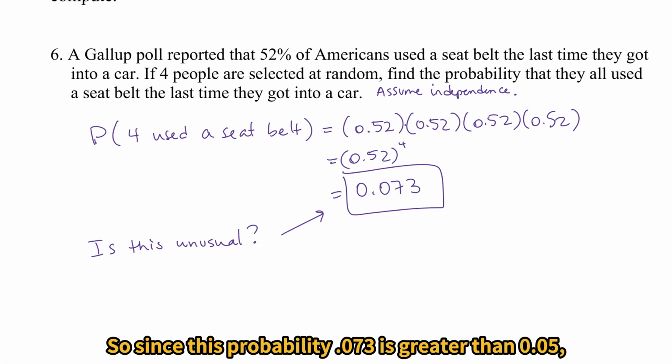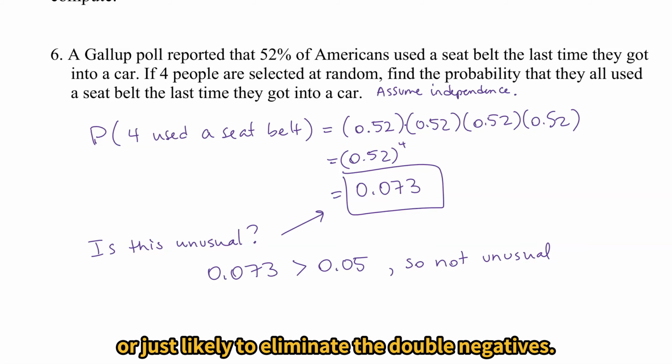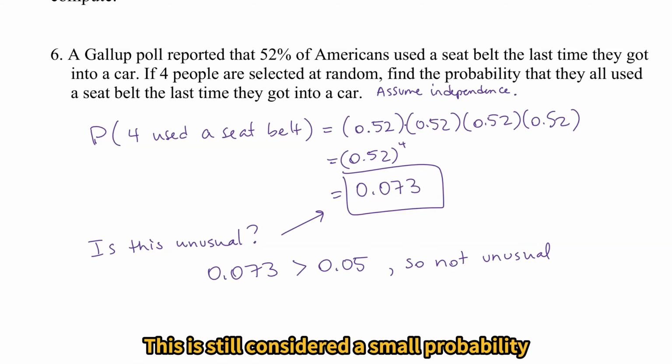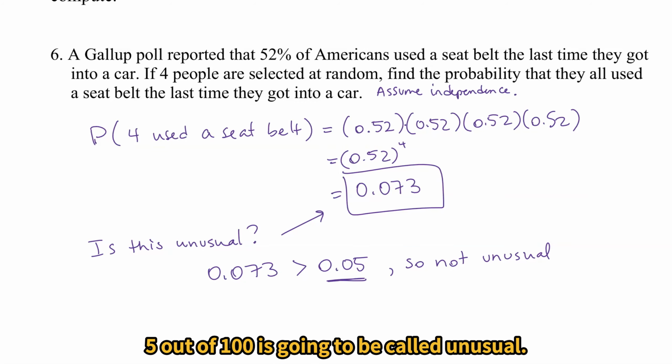So since this probability, 0.073, is greater than 0.05, we would say not unusual, or not unlikely, or just likely, to eliminate the double negatives. This is still considered a small probability, 0.07, 7 out of 100. But for us right now, 5 out of 100 is going to be called unusual.